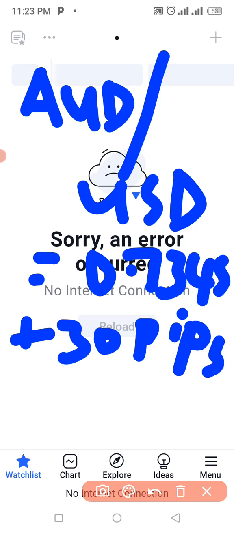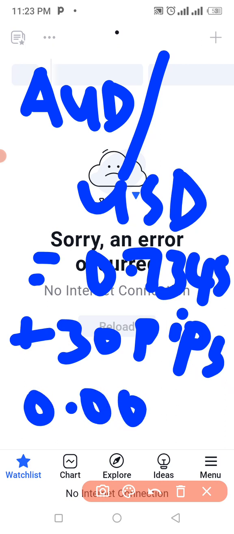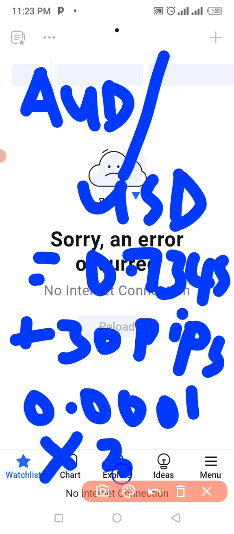For us to add 30 pips, I told you that we need to multiply 0.0001 by 30 pips.